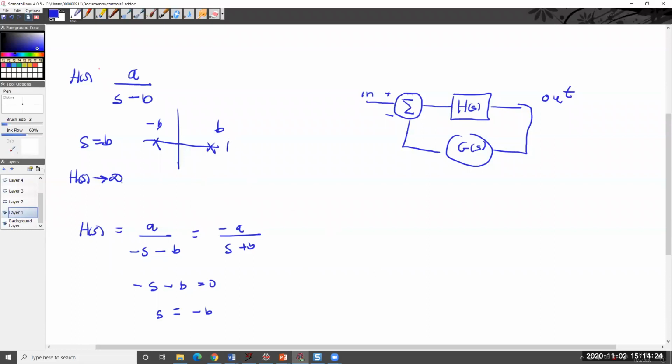Okay, so all of control theory is dependent upon the S plane. We have the real axis and the imaginary axis.